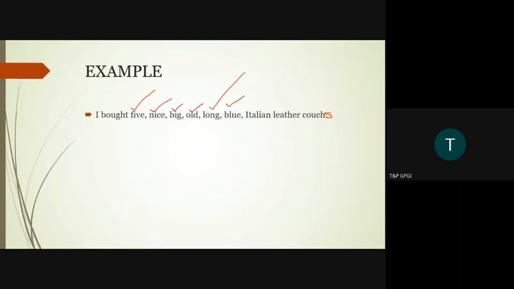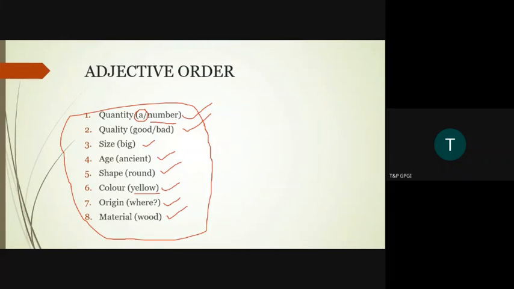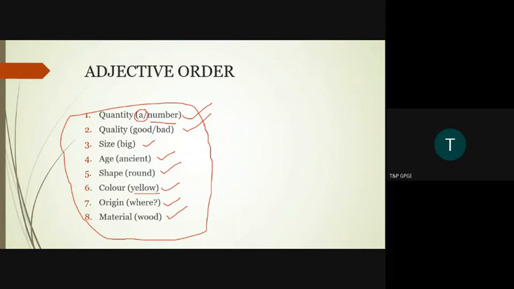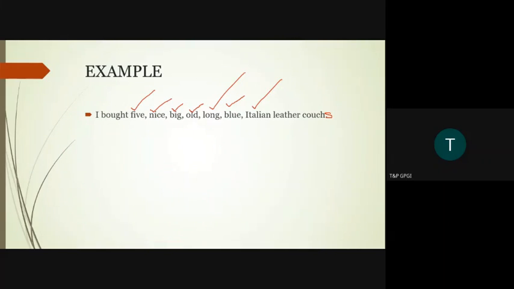And then origin. So, where is it from? It's from Italy, or it is an Italian couch. And lastly, we have material. So what material is it? It's leather. So I bought five nice, big, old, long, blue Italian leather couches for Pralay.